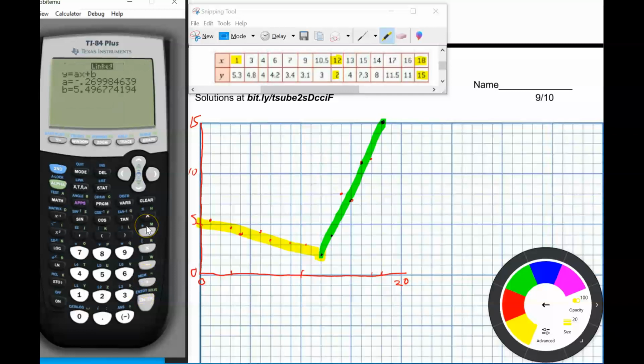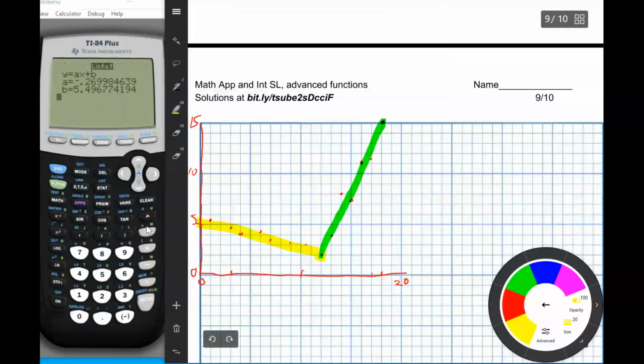And my yellow line equation would be the slope of negative 0.270 x plus 5.50.